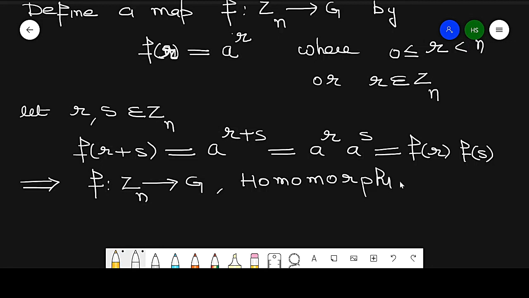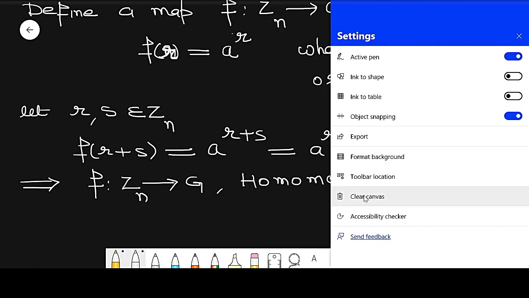Now the next step is one-one, and the third is onto. So there are one-one as well as onto. First I take the element for onto. So to prove onto, I take one element, let x belong to G. So what is G?